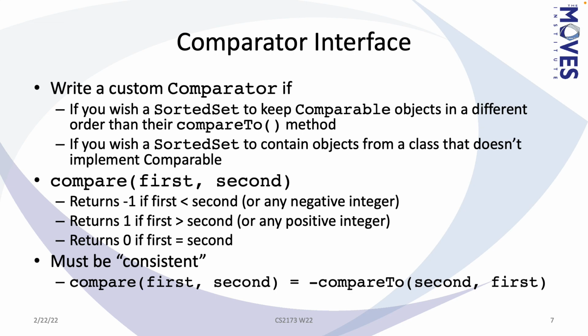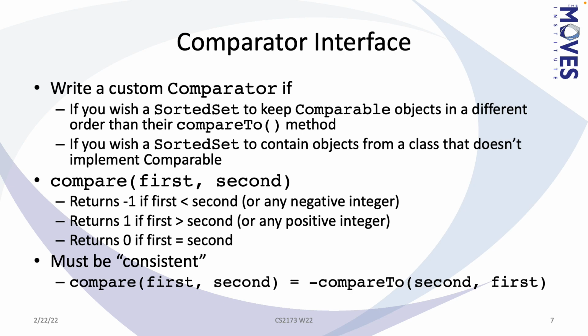And that will basically do the same thing, except now it's compare, as opposed to compareTo, and it returns the same integer idea as before, but now I give it a first and a second. It returns a negative value if the first is less than the second, a positive value if the first is greater than the second, and 0 if the first is equal to the second.